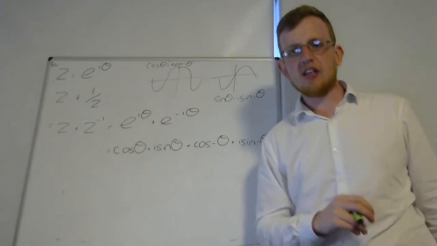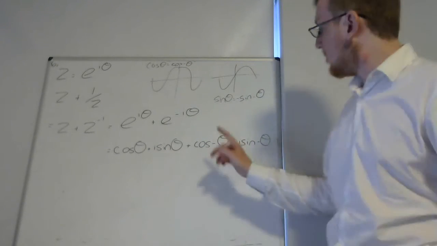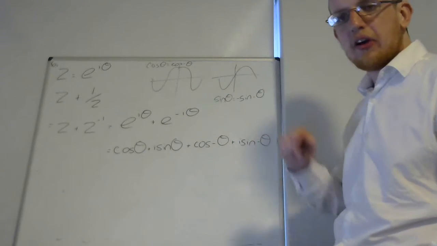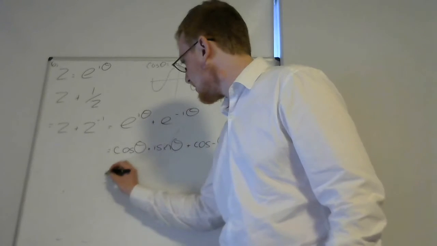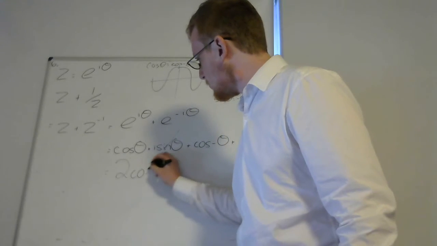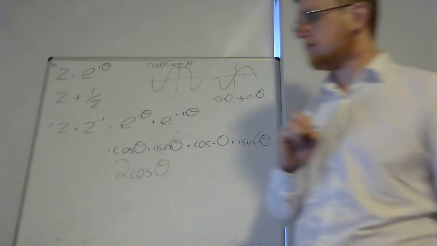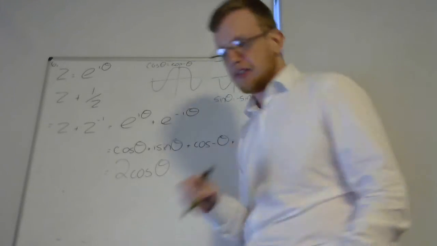It's a trick you see a lot with these kinds of complex numbers, that sine theta and sine minus theta cancel each other out, and the coses combine to give you 2 cos theta as required. Lovely. Next question. I'll rub it all out and start again.